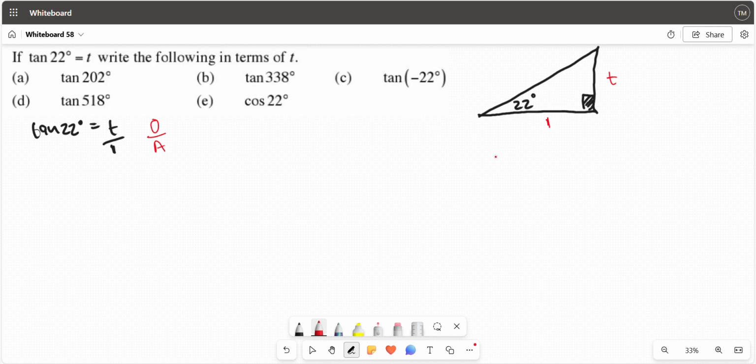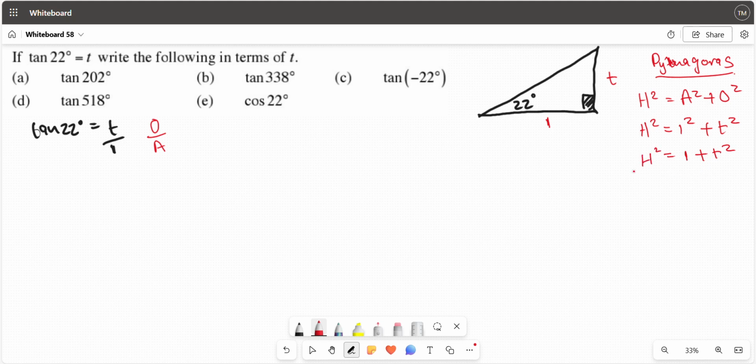Now that I've represented it on my diagram, I do need to do Pythagoras to find the hypotenuse. Hypotenuse squared is equal to the adjacent squared plus the opposite squared. I have the adjacent, which is 1, and the opposite, which is t, so I get 1 plus t squared.